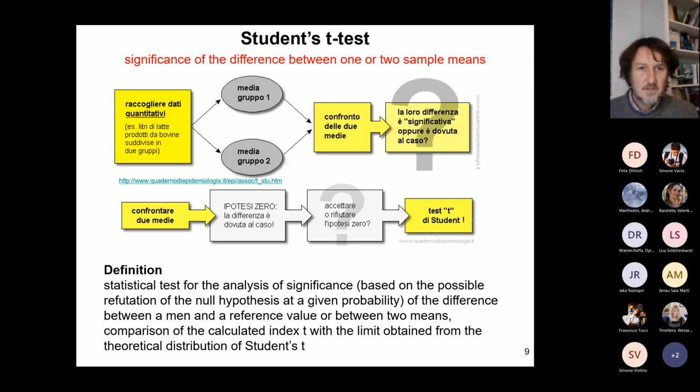So the definition. What is a t-test? Statistical test for the analysis of significance, based on the possible refutation of the null hypothesis at a given probability of difference between a mean and the reference value, or between two means. Comparison of the calculated index t with the limit obtained from the theoretical distribution of Student's t.